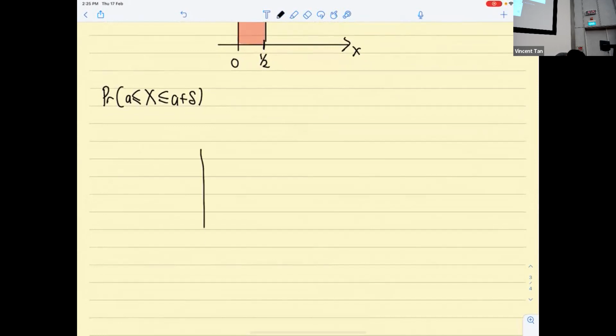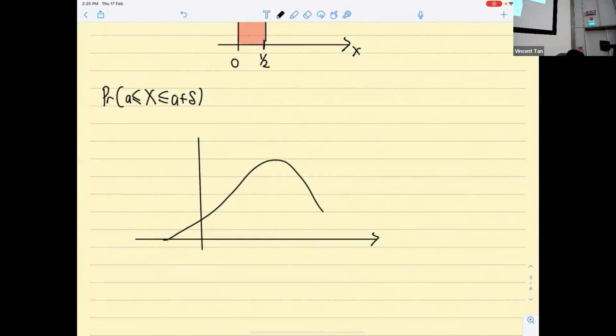So here's a picture. I'm interested in computing the probability that this random variable with a density f of x takes on a value between a and a plus delta. This is our density, nice and smooth, f_X of u. Here's our a, and here is our close-by neighbor a plus delta. What do you think this is?